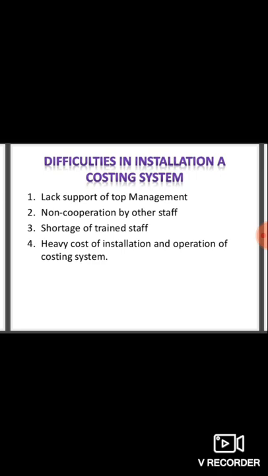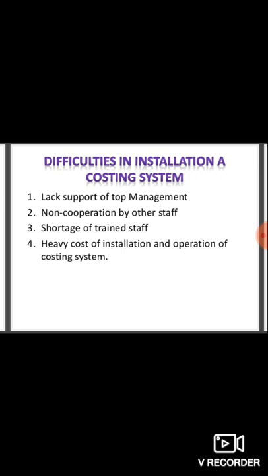If the costing system has some changes, or the company wants to change the complete costing system, then the lack of training or techniques or knowledge is one of the difficulties in installation of a costing system in a firm, and heavy cost of installation and operation of a costing system.